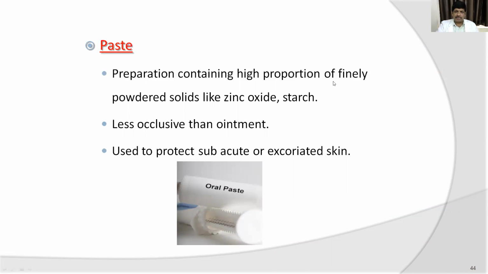Paste contains a high proportion of finely powdered solid like zinc oxide and starch. That is the very important thing which makes it different from ointment and cream, where we do not have a high proportion of finely powdered solid. It is less occlusive than ointment and used to protect subacute or excoriated skin.